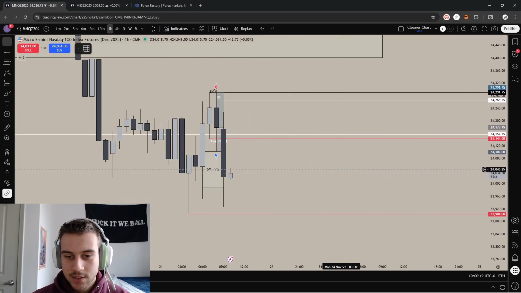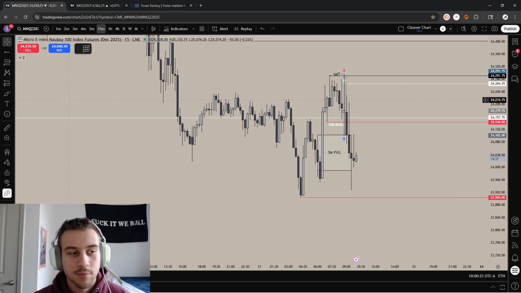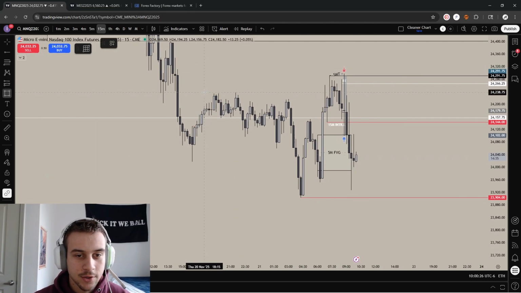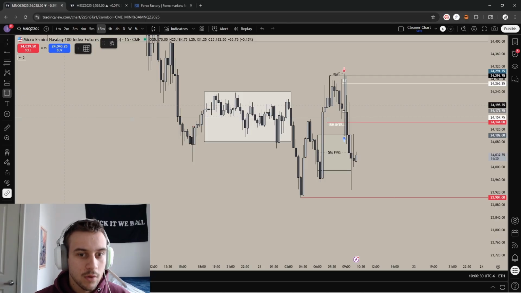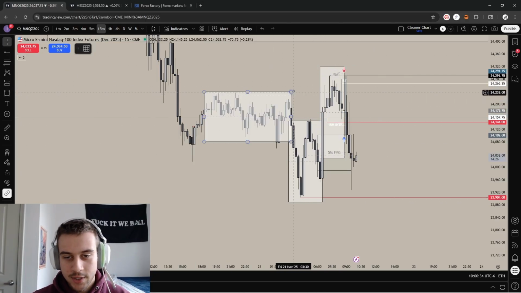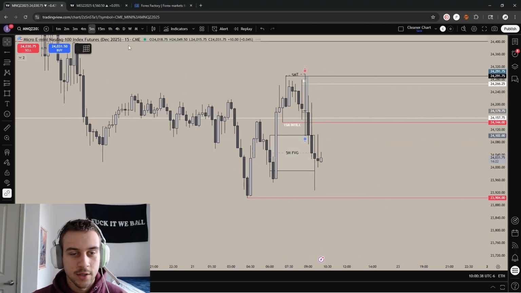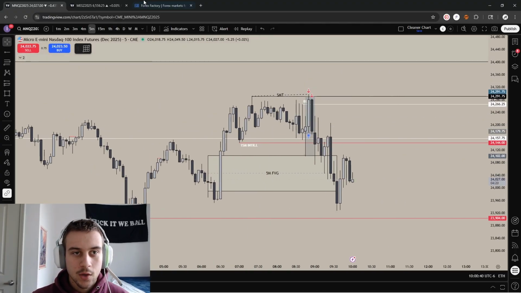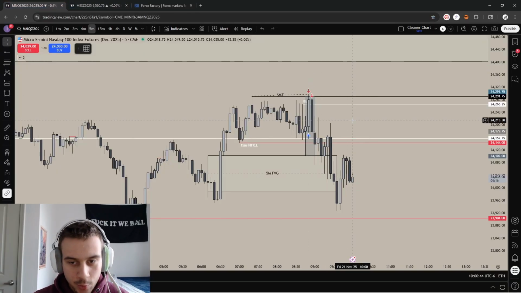Coming into market open, we have a clear AMD setup presenting itself right here: accumulation, manipulation, distribution. As you can see, we have a clear AMD setup with an unfilled 5 minute lower. We did have news coming out at 8:45, which is 15 minutes after market opens.